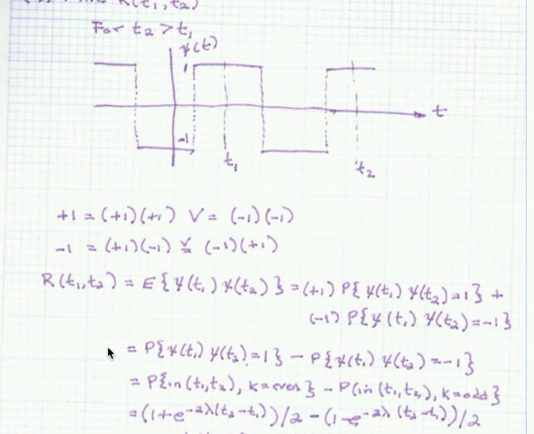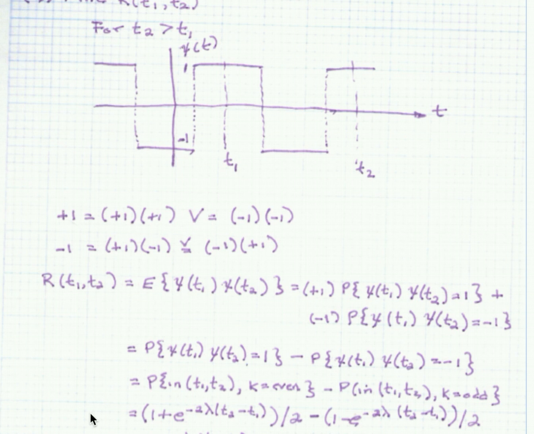And as we continue with the simplification of the equation, we'll end up with the probability of X of t1 times X of t2 equal to 1 minus the probability of X of t1 times X of t2 equal to minus 1.